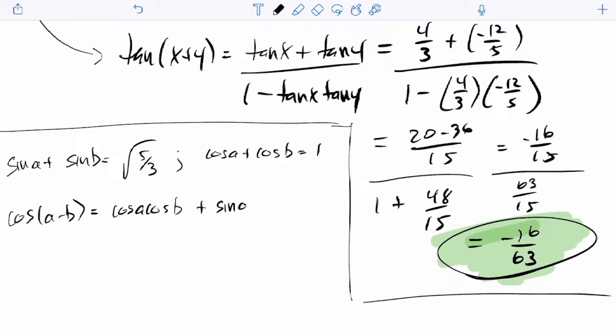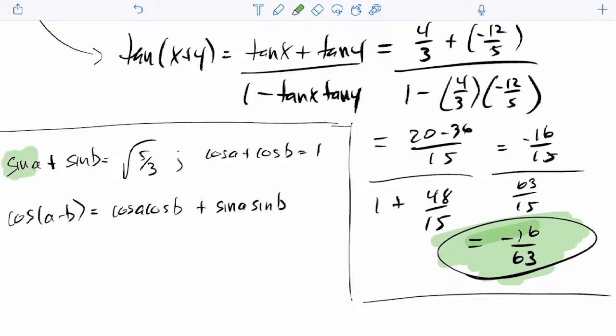What is the cos of a minus b? Well, the cos of a minus b is cos a cos b plus sine a sine b. But I don't have the product of those values available to me.